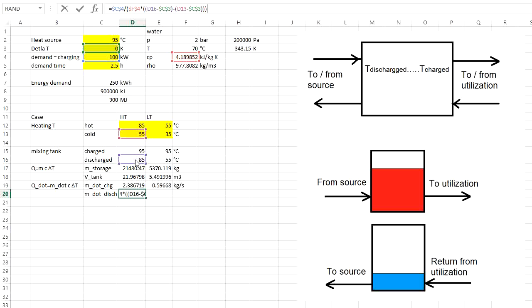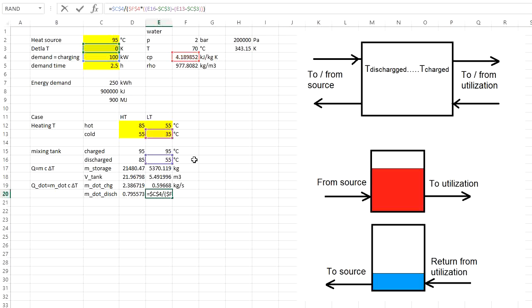If it would be discharged, right before depleting its capacity, it would go from the 0.6 that we had when charged to 0.8 in the discharged state. And we can have the same for the low temperature tank. So again 100 kilowatts going between the 35 degrees C return and the required temperature of 55.